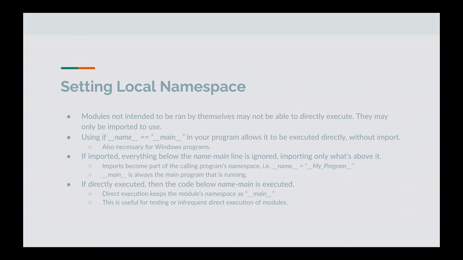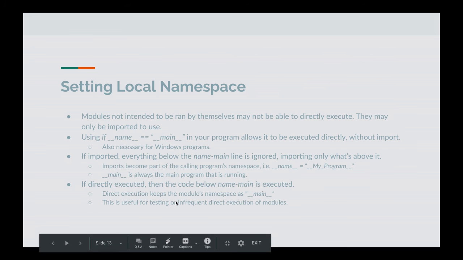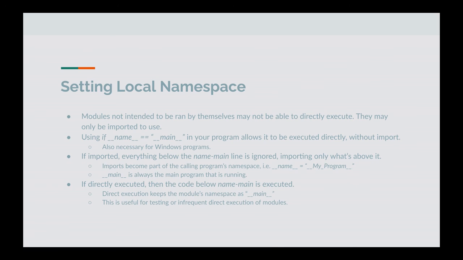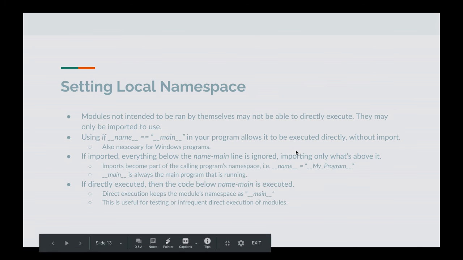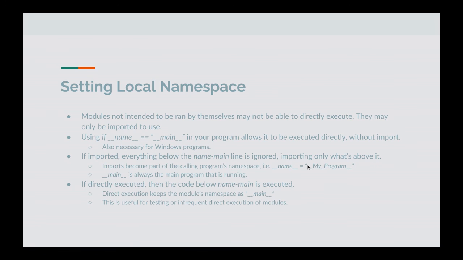If you call the program directly, that means that the name or namespace is going to be defined as main. This program that you run is always the main namespace. If you import a module, then it becomes the namespace of the program that's running.